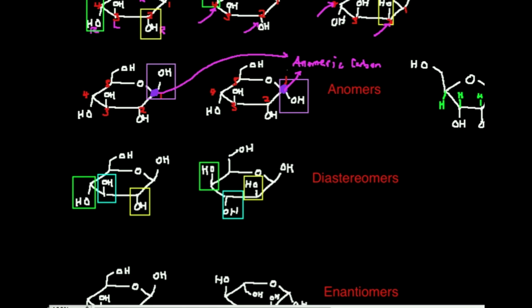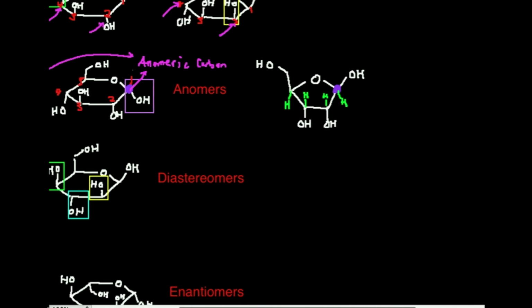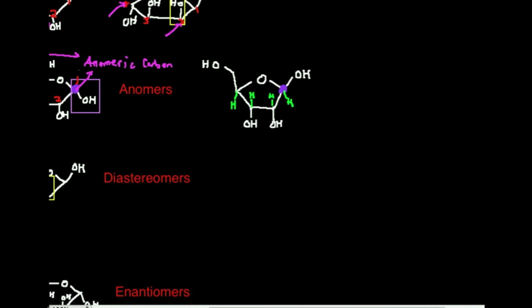For another form of an anomer, let's look at another anomeric carbon. This is a 5-membered ring. This molecule right here is ribose. You may have heard of ribose. It's a component of RNA. So let's number these carbons.